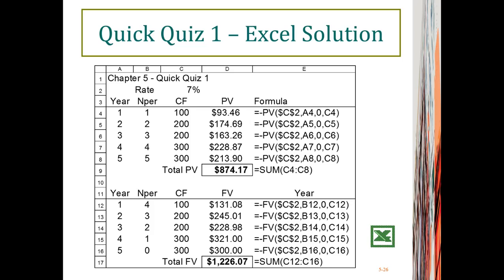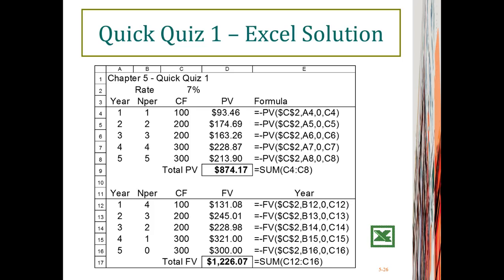But when you do the future value calculation, the number of compounding is very different. For the first cash flow, you compound for 4 times. For the second cash flow, you compound for 3 times. For the third cash flow, you compound for twice.